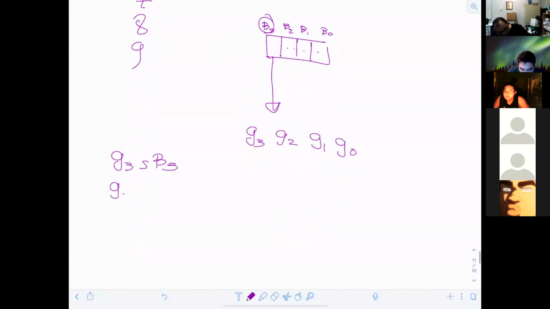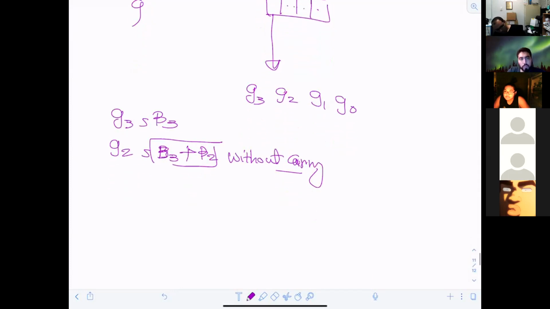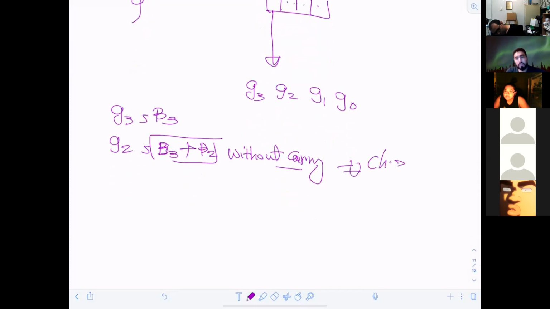Then G2 is gonna be B3 added to B2 without carry. Later on in chapter 2, we will figure out this is called the XOR gate. Don't worry, you're gonna have fun with the XOR gate.